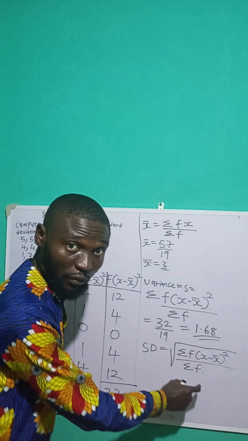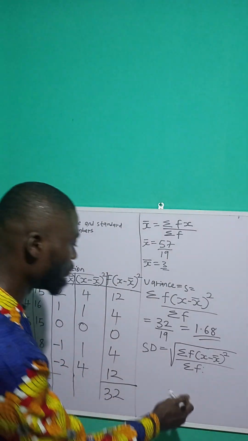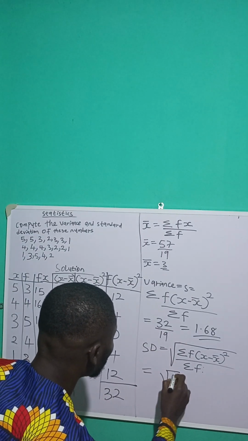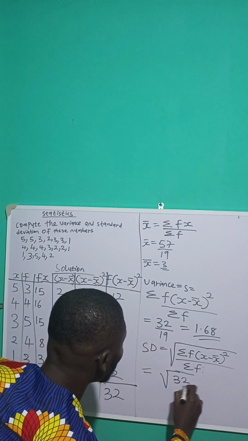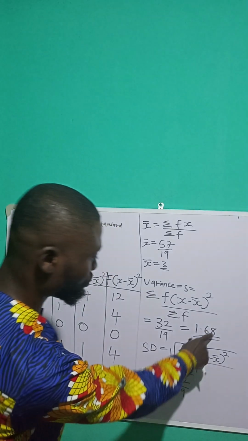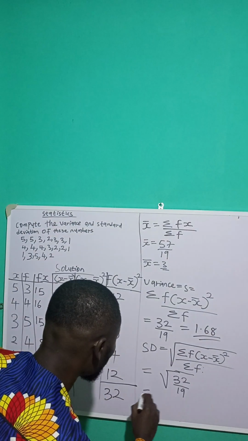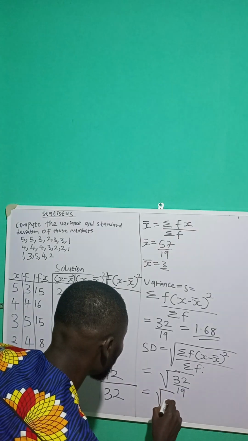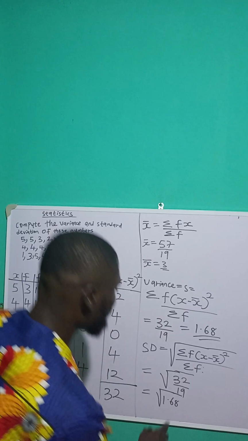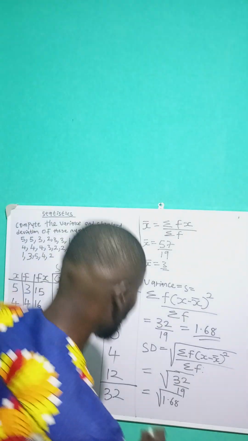So look, this is the formula for finding standard deviation. This is equal to the square root of 32 divided by 19. And 32 divided by 19 gives us 1.68, so we have the square root of 1.68.